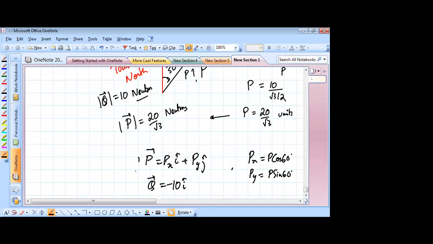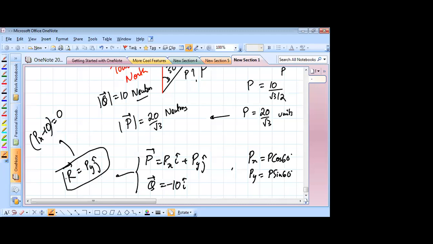And then the resultant of these two should be along the y-axis only. So it should just be Py j cap. So because it is the case, you can see that Px minus 10 should be 0. And the x component of the resultant should be 0. So that is the component way of solving this, okay, which is the easier method, I told you.